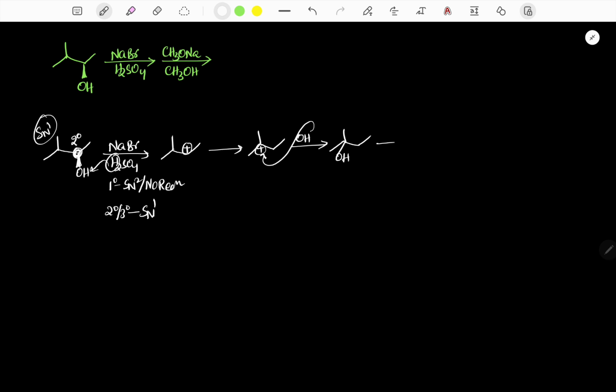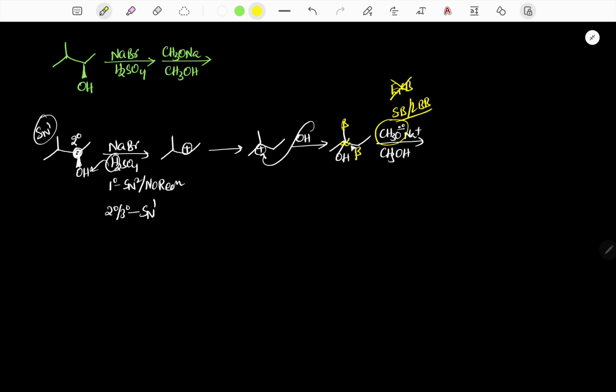Now this alcohol is treated with CH3O minus Na plus and CH3OH. And here CH3O minus is a strong base and a less bulky base. The reactant does not support even the E1CB mechanism because of the beta position. It is the alpha position, it is the beta position.